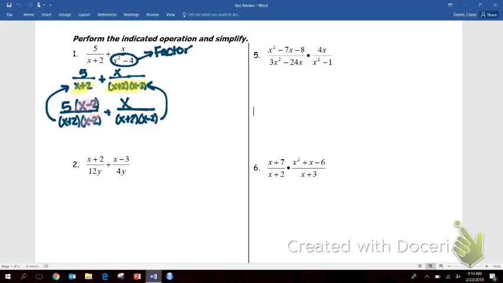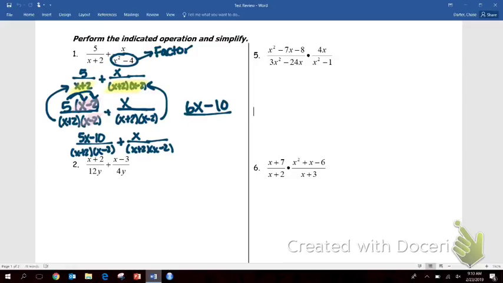Now that we have a common denominator, we can just add. So distribute the 5, and then now we just combine like terms. 5x plus x is 6x.